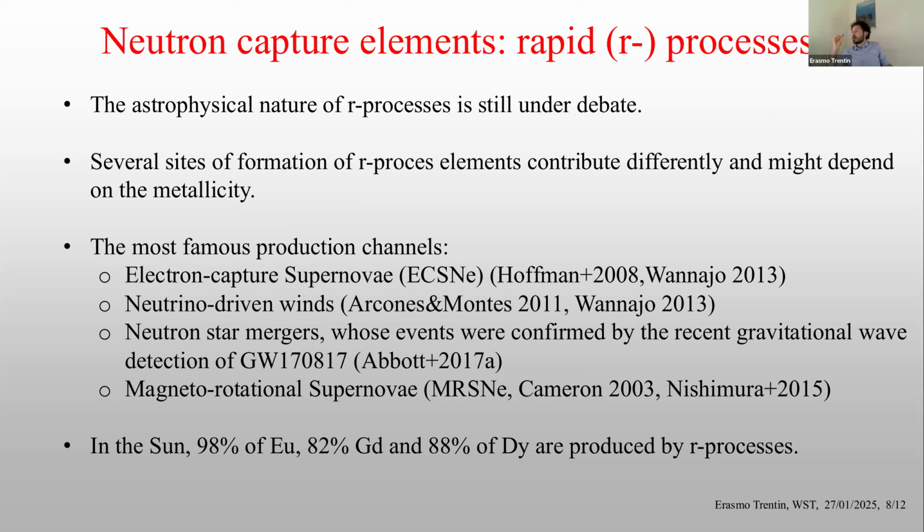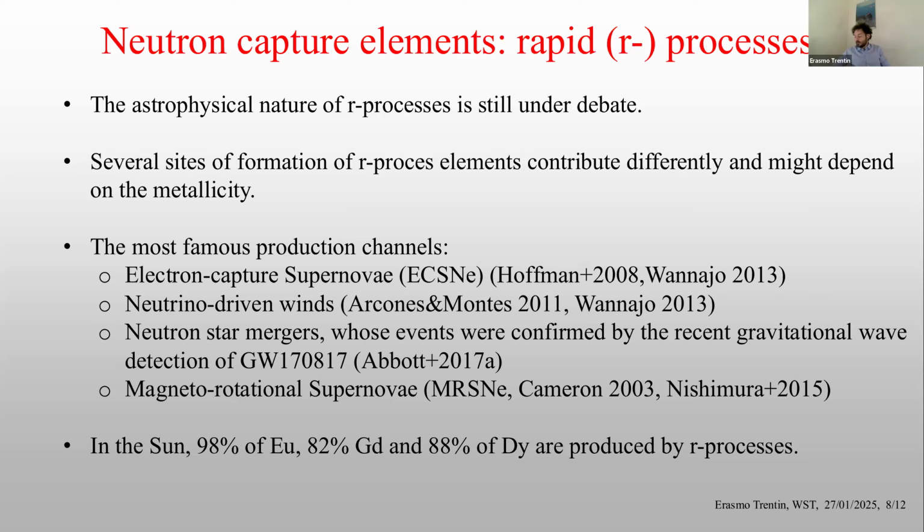Researchers realized that the slow process was not enough to produce the heaviest natural elements beyond lead, and that even for elements between barium and lead, the models didn't manage to match the observational estimations.